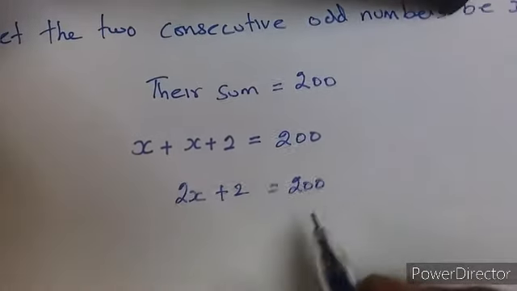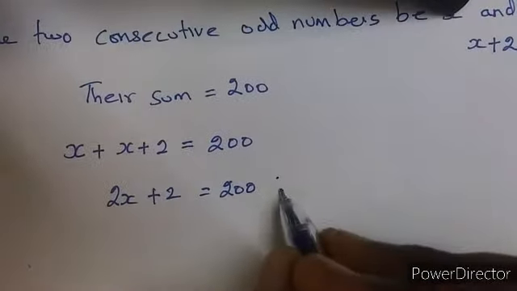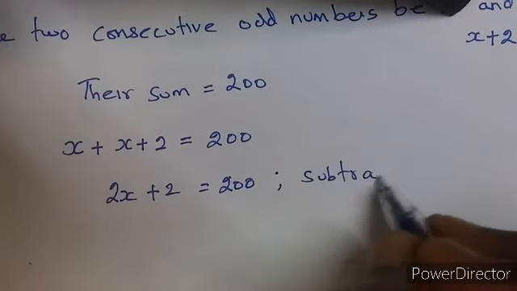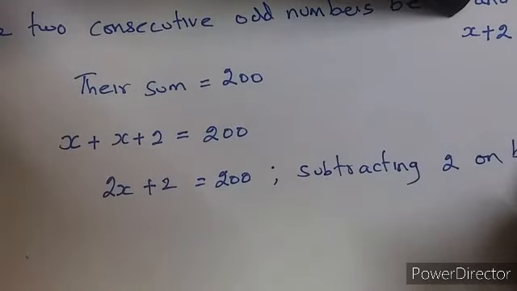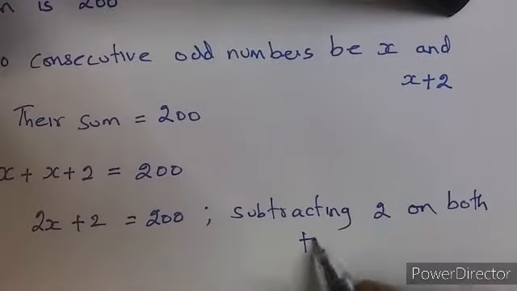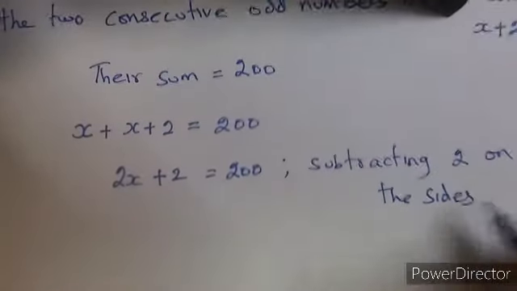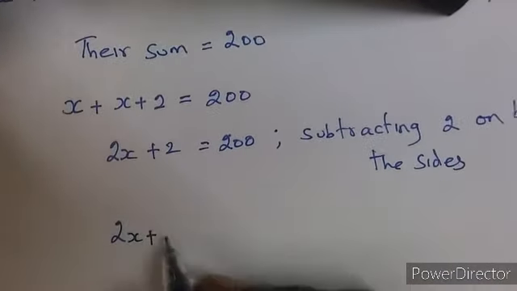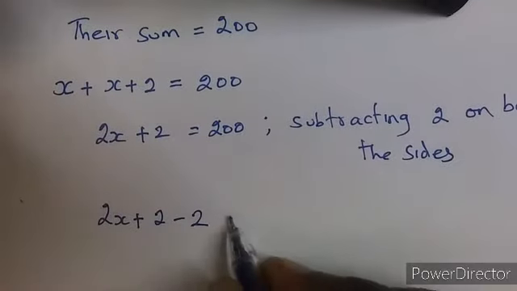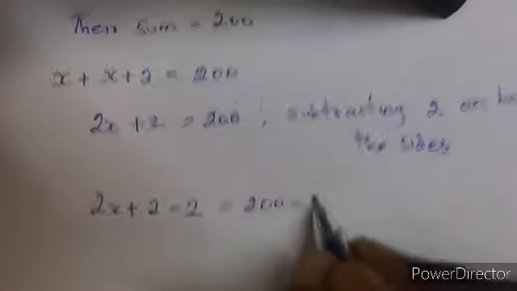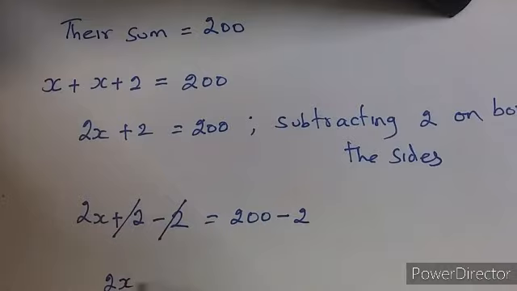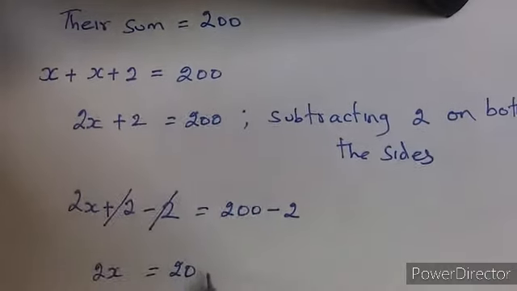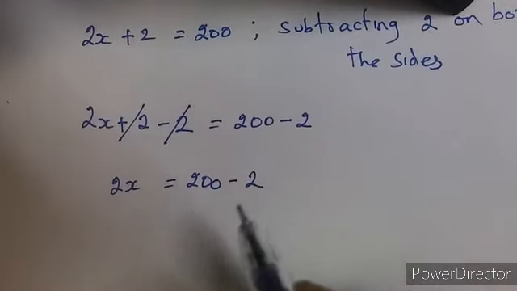We have to equate the expression by subtracting 2 on both the sides. So now 2x plus 2 minus 2 equal to 200 minus 2.